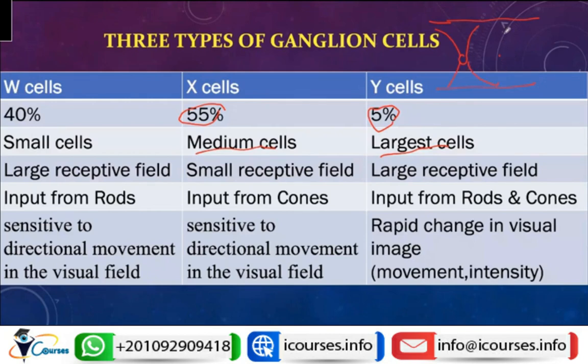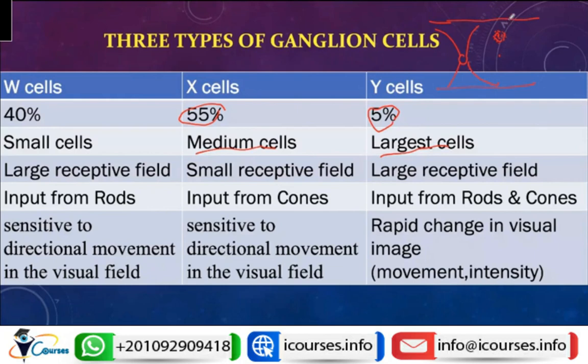There will be a ganglion cell here, and another ganglion cell, and numerous ganglion cells. When there is an impulse stimulating the rods, and then transmitted to the bipolar cells and to the ganglion cells, all of these ganglion cells act as a single unit. This is called a receptive field.